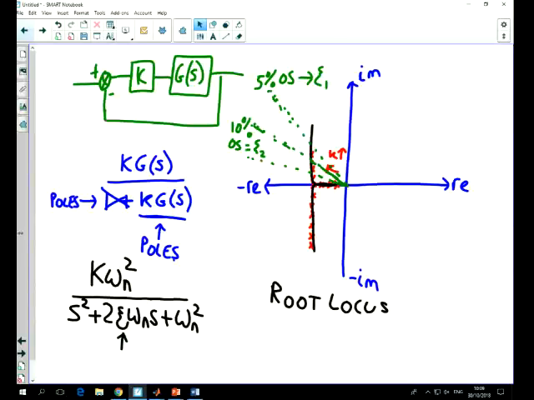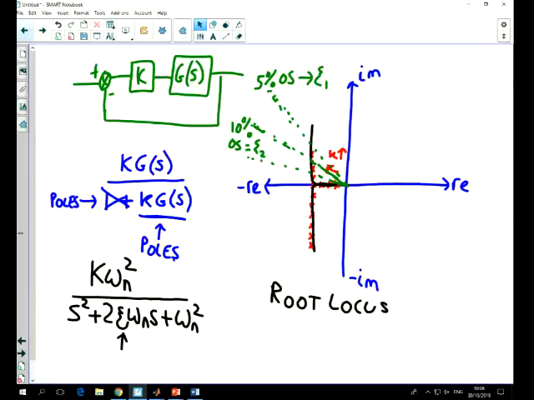So if you have an overshoot spec, you can work out what value of k you need to achieve it by plotting your root locus, which remember is the poles for all the different values as k changes, and seeing where that crosses your overshoot spec line.